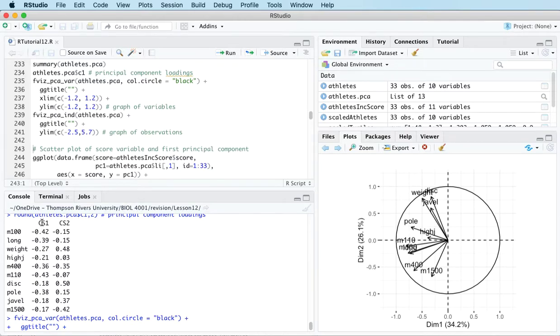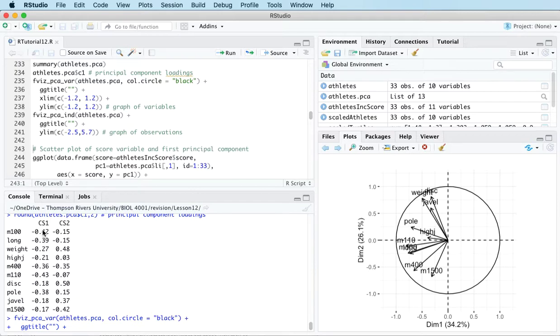The first dimension is overall performance, so it's explaining variability between athletes that do well overall in all the events and contrasting those with athletes that do relatively poorly in all the events.